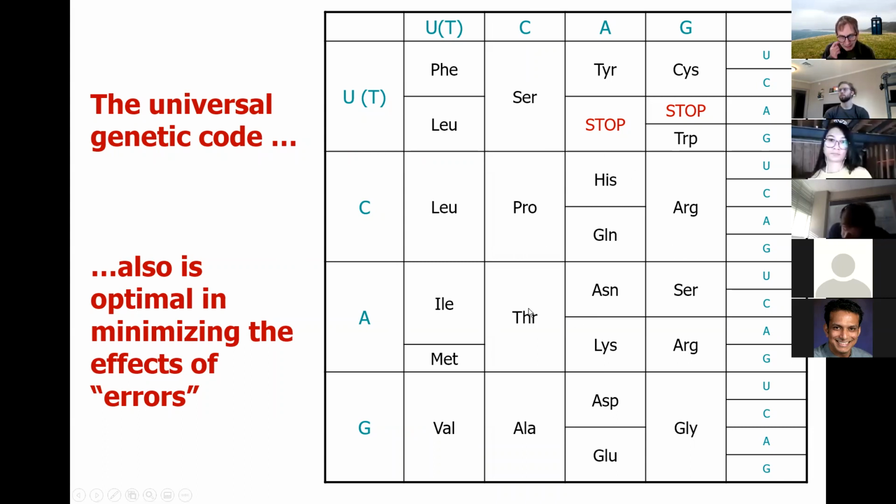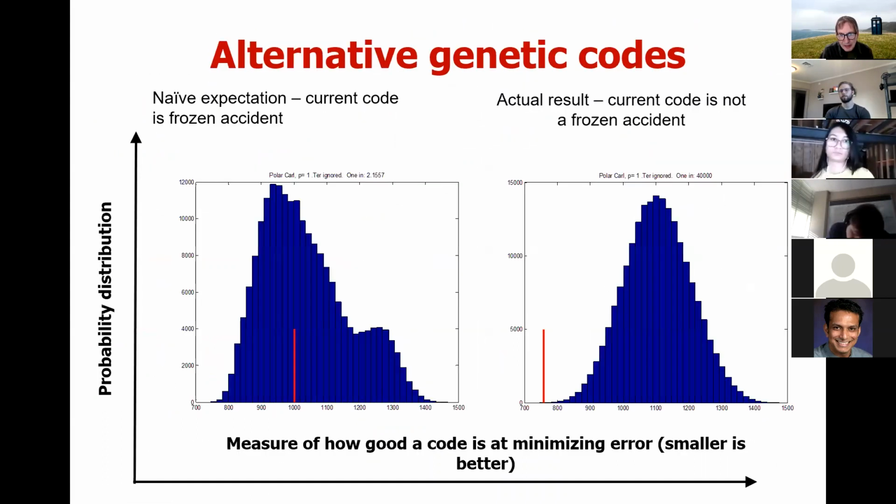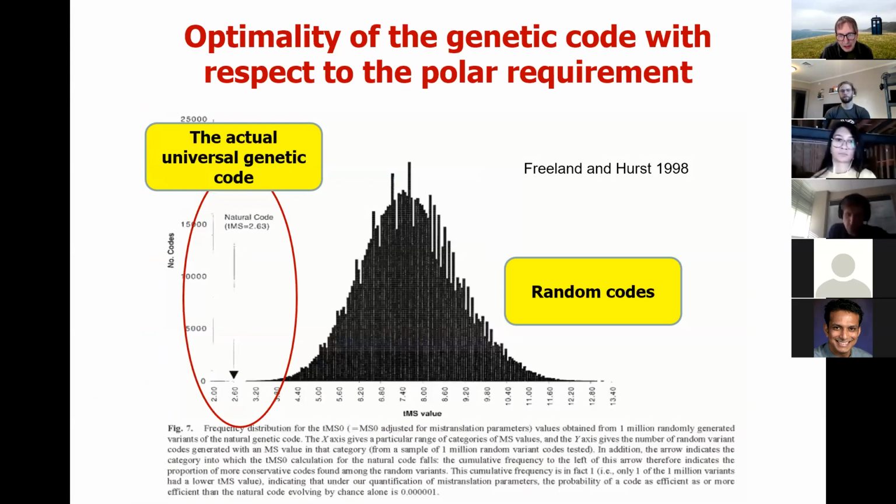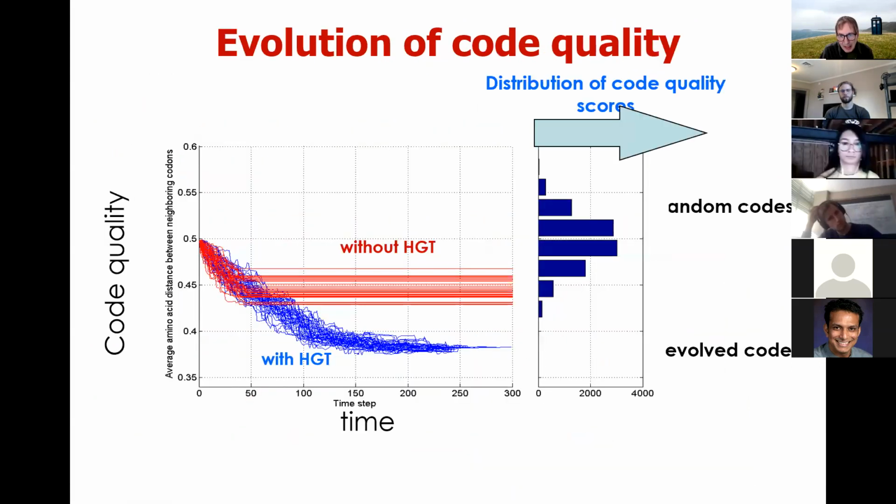And the other thing that we learned from doing computer simulation is that this particular code, I'm not going to go through this in detail, evolved to have the property of uniqueness and optimality. And it did it through a mechanism that involves energy, information flow between living systems through what is called horizontal gene transfer.